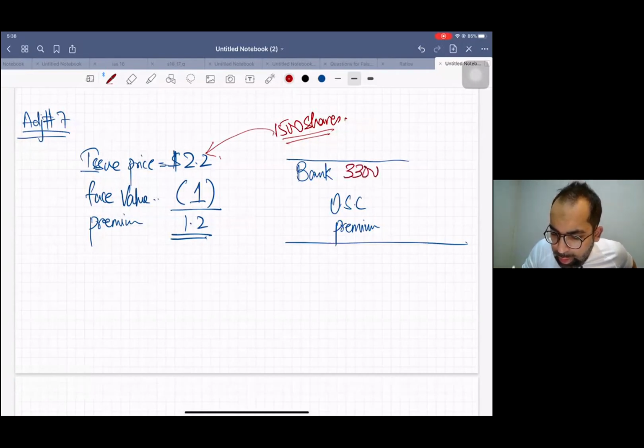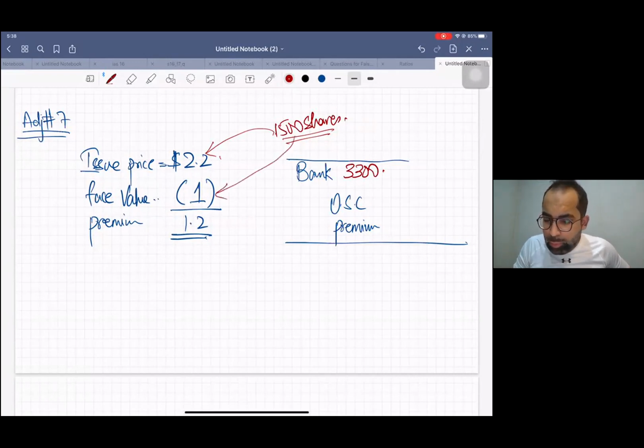Debit bank 3300. Whenever you issue shares, you increase your share capital at face value. So 1500 times 1 is 1500, and the difference is 1800.